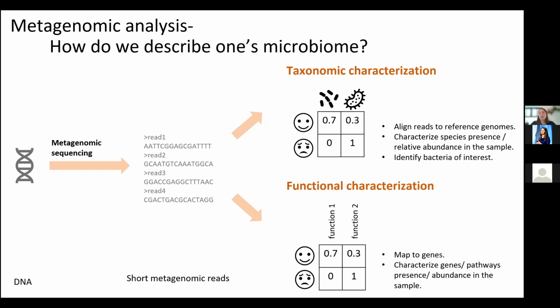And you can also combine the two approaches. Some people will first align the reads to reference genomes of bacterial species, find that certain bacterial species are enriched in the samples of the sick individuals, and then ask what genes these bacteria have, and say something about the functionality of the microbiome of the sick individuals.